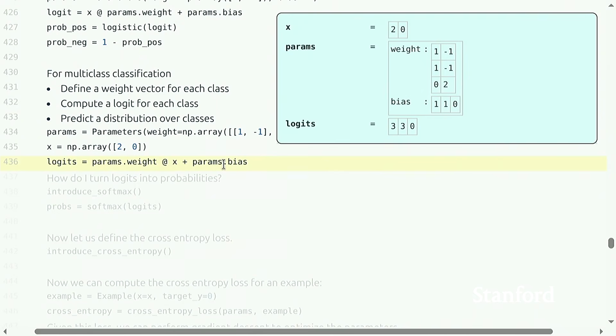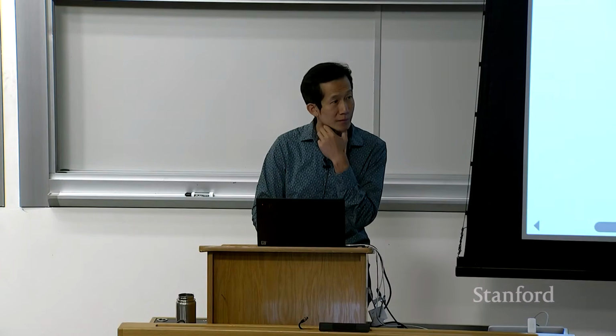It's conveniently the same notation as before, but now I'm doing it for every class instead of effectively a single class. I get 3, 3, 0. Okay, so 1 times 2 plus 0 times 1 minus 1 is... oh, sorry, plus 1 is 3, and so on. Okay, so I have a logit for every class.